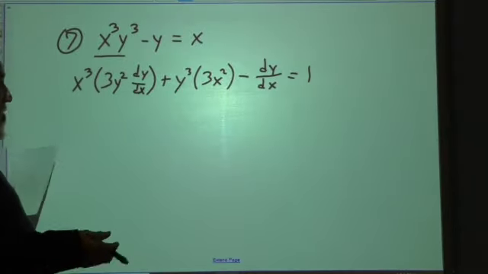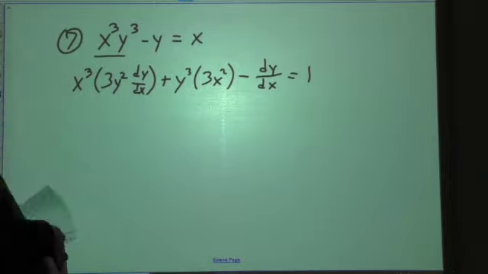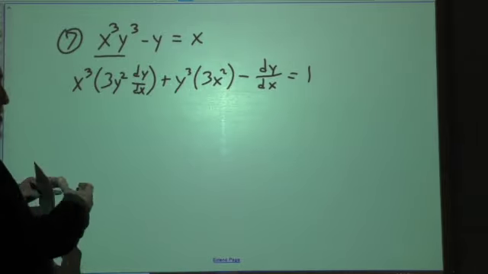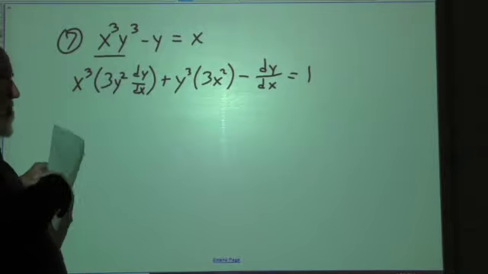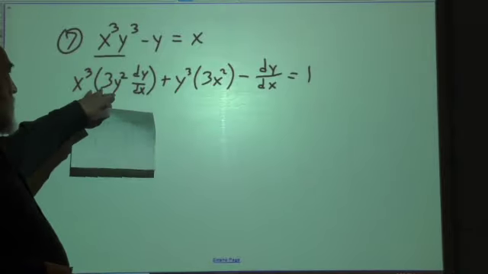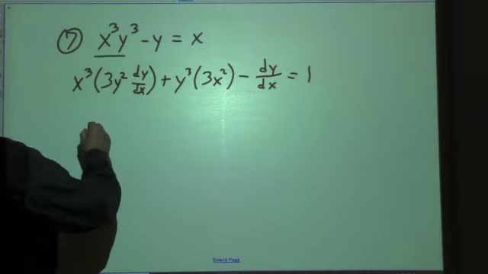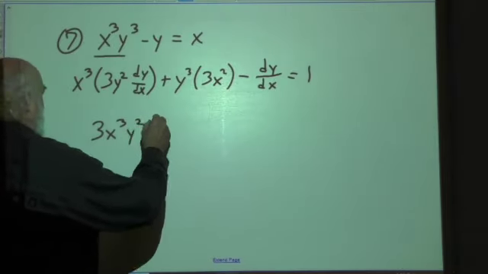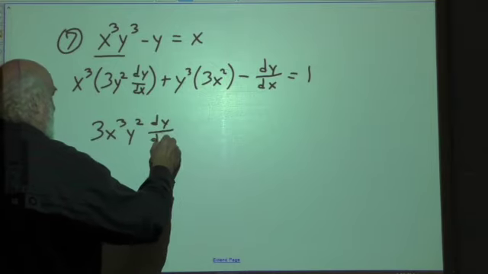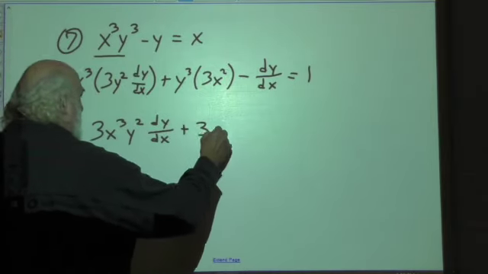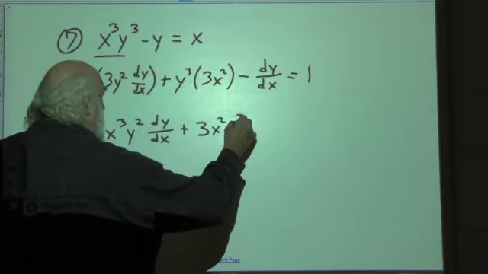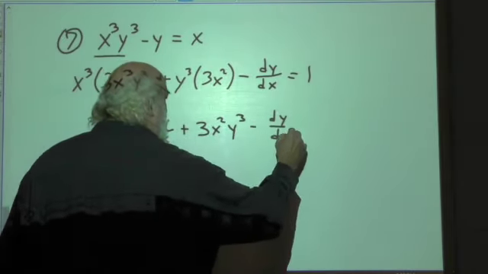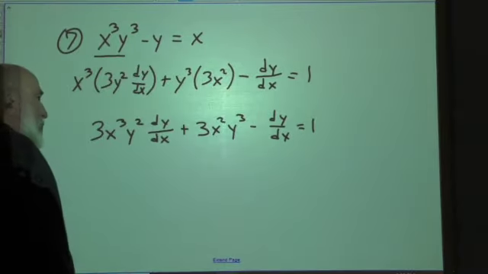So this is how we're starting this. And then we still are going to get the dy dx terms on one side, and the non-dy dx terms on the other side. We're going to multiply these factors out. So this is going to give us 3x cubed y squared dy dx plus 3x squared y cubed minus dy dx equals 1.